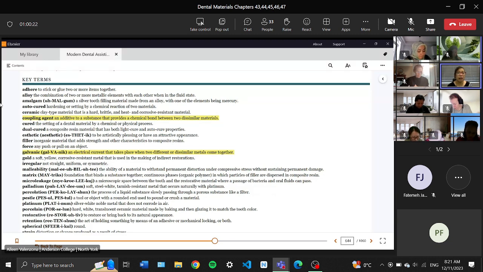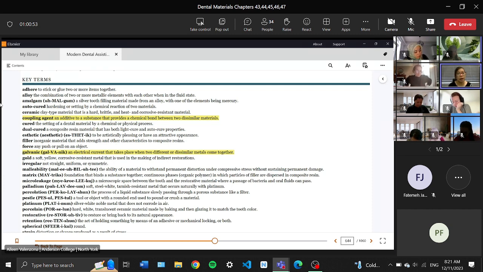So the galvanic, or we call it thermal shock, galvanic action or thermal shock, is when two different metals come together or hit together. Example of this: if you have an amalgam filling, and when you are eating, it is touched by your fork, then you're going to have this thermal shock, which is the galvanic action.